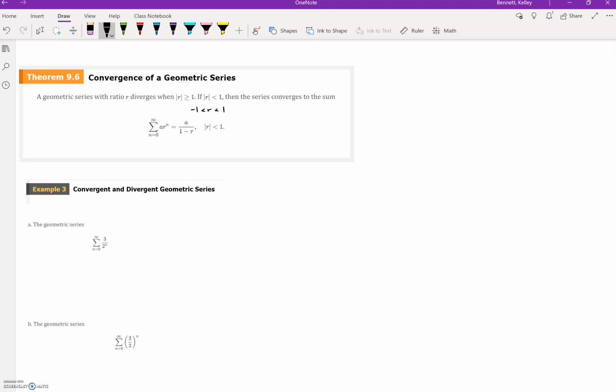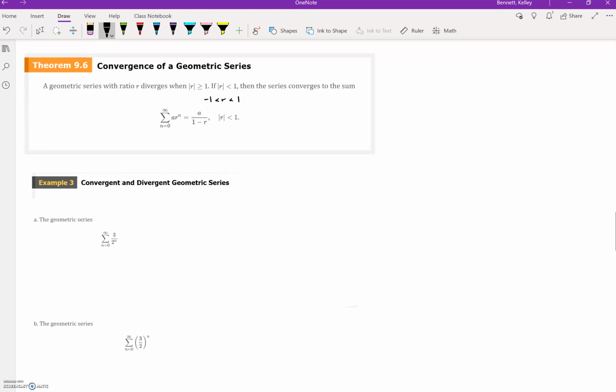And we don't care what this a is, it's just a coefficient. So as long as our r is strictly between negative 1 and 1, we know that the series converges. And furthermore, we have a formula for what it converges to.